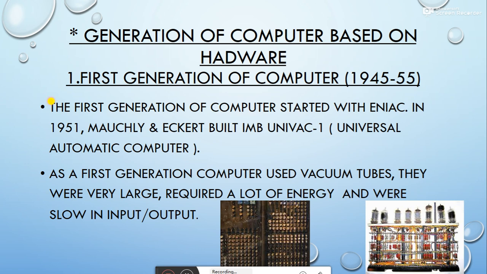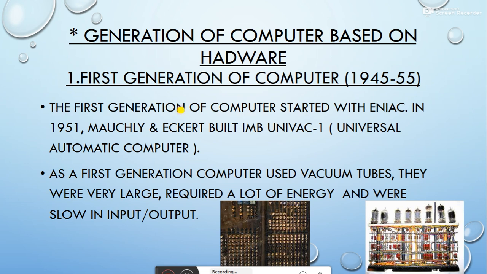So here we have completed our history of computer, and we are going to our next topic, that is generation of computer based on hardware, in which the first topic is first generation of computer, that is from 1945 to 1955.